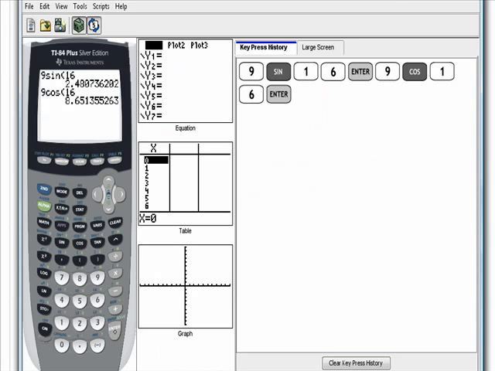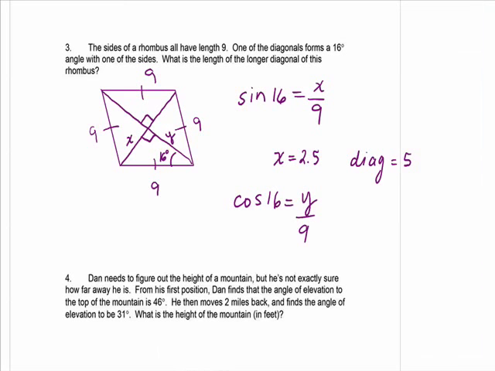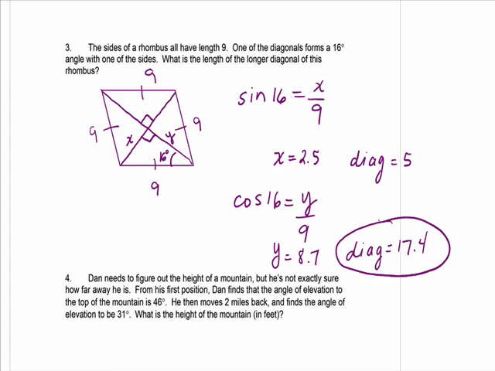And we get our answer to be about 8.7. Now, if we double that, the entire diagonal would be 17.3 or 17.4, depending on your rounding. So which is the longer one? 17.4. Oh, how did you guess? Nice job.